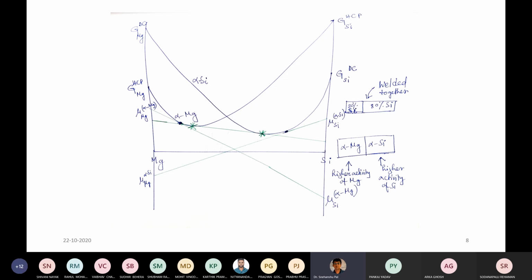Now you go for the same thing in alpha magnesium. In alpha magnesium, you are seeing that the higher activity is of magnesium, because mu of magnesium in alpha magnesium is much higher compared to mu of silicon in alpha magnesium.